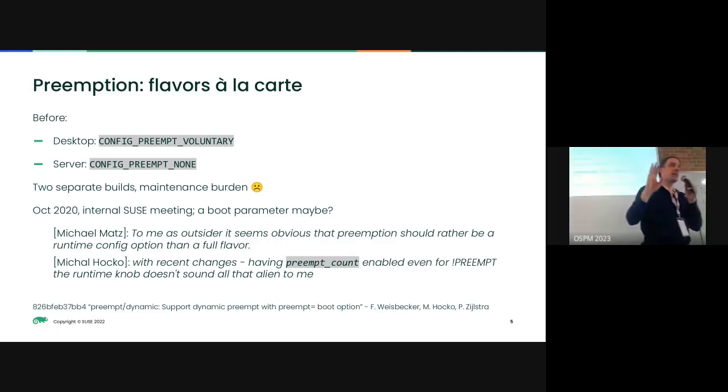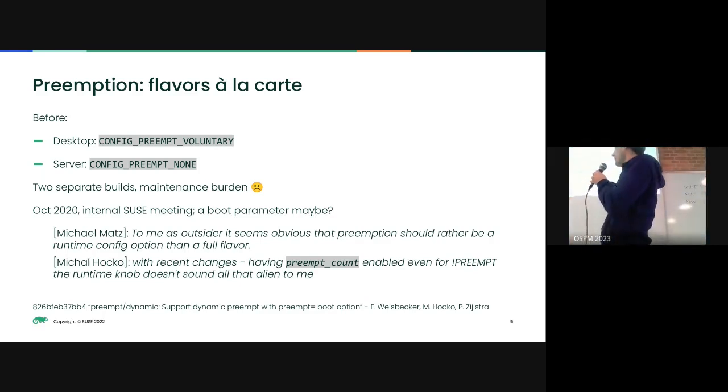That was the only difference. When you do this, you need to do QA, testing, etc. You have two binaries just because of this difference. So a maintenance burden.